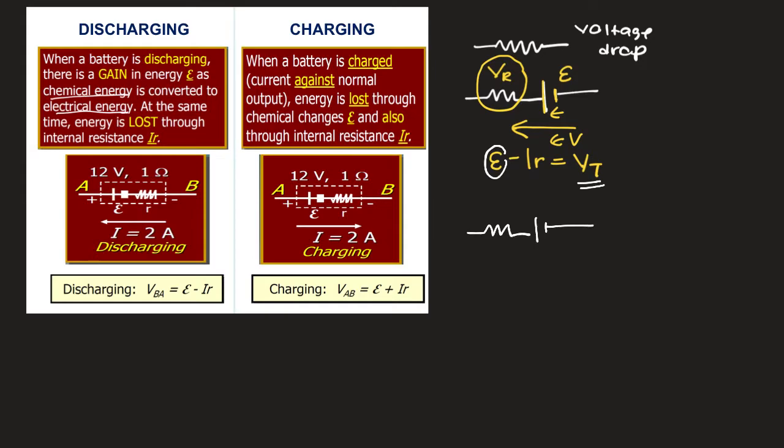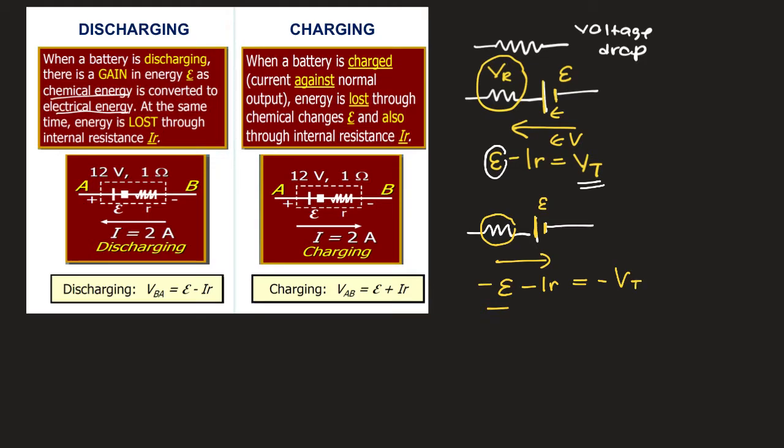So for example, if the current flows from the negative terminal to the positive terminal inside the circuit, which means it's going to move from the positive terminal to the negative terminal, then your EMF here is going to be a negative value, because it's moving from higher potential to lower potential, and that's the reason why you get a negative in front of this equation. Then because there's always a voltage drop at the resistor, you are going to get minus IR, which means you are going to get minus terminal voltage.